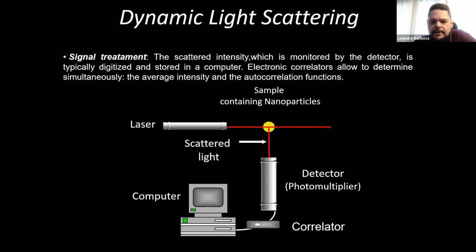So you have your laser here, and here you have your sample holder. There is the interaction of the scattering particles in this particular center here. And then the light scatters through to the correlator. The correlator makes this kind of measurement, and after that it goes to the computer, and then you may create your self-correlation function.